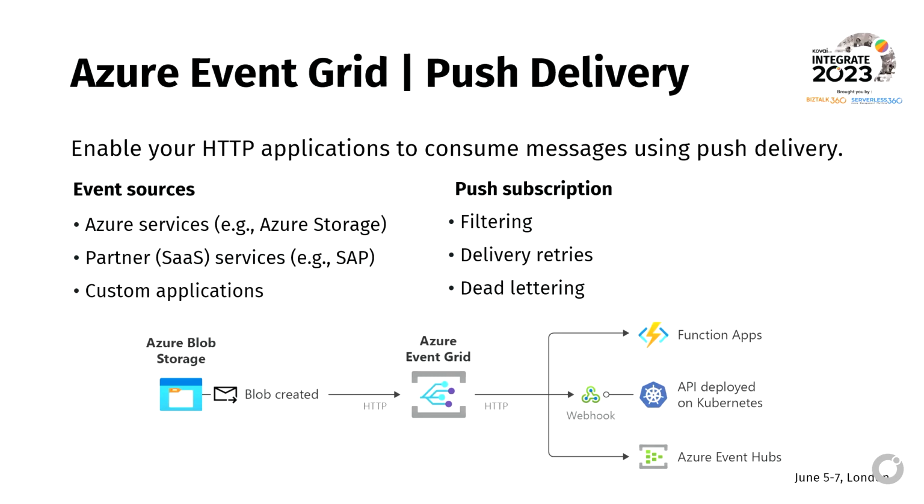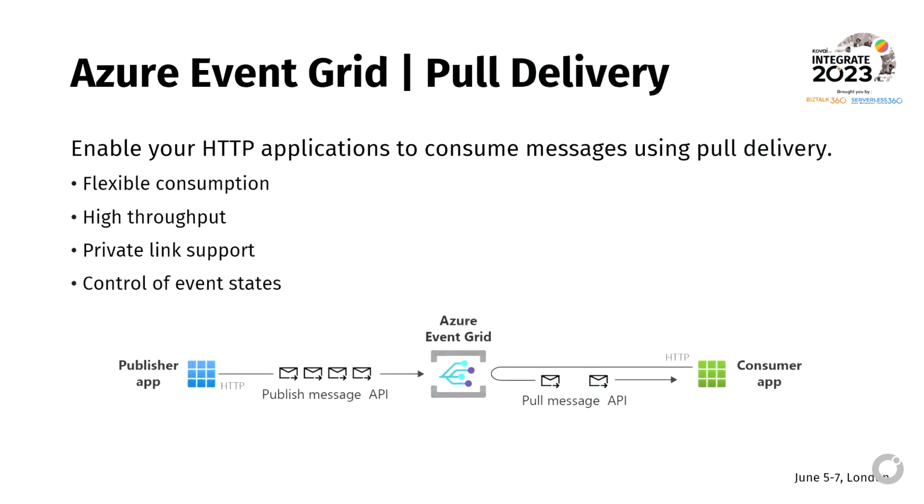But what if your scenario here or your subscribers requires that your subscribers control how fast or when to consume the messages from Event Grid? That's when pull delivery comes in. So as I mentioned, we recently introduced pull delivery in Event Grid, and this support here will enable your subscribers to pull messages out of Event Grid to have full control of their message consumption.